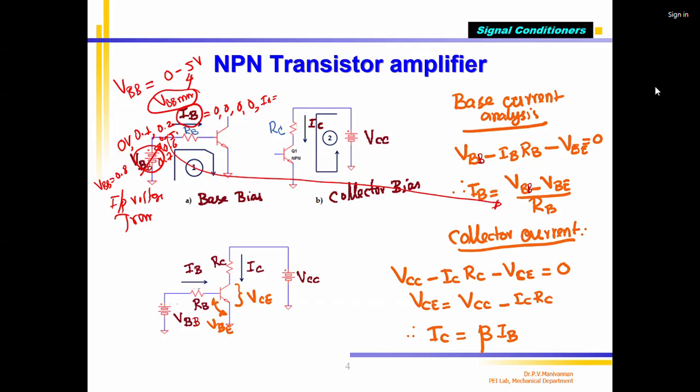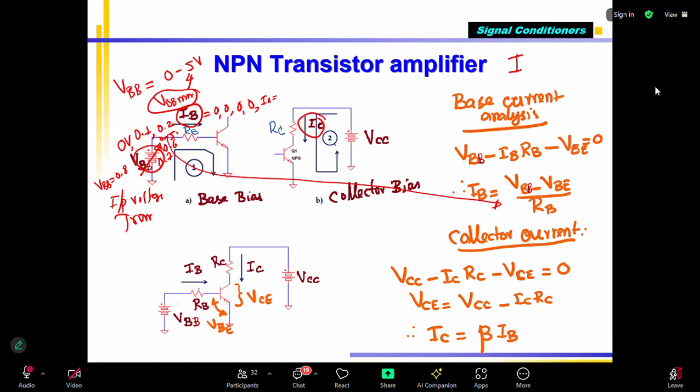In that case, I will say that my base emitter is not conducting. IB is 0. Already yesterday I told you, IC is nothing but the output, which is the current flowing from VCC into the collector terminal and completing the circuit. IC is called the output of the transistor. IB is called the input of the transistor.